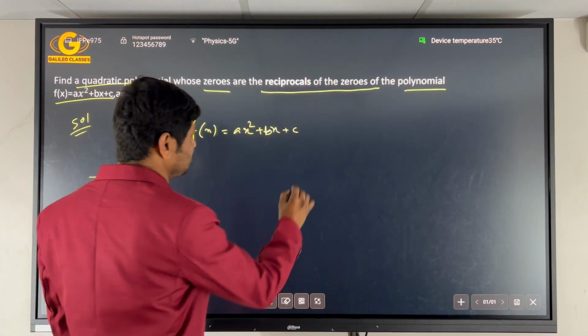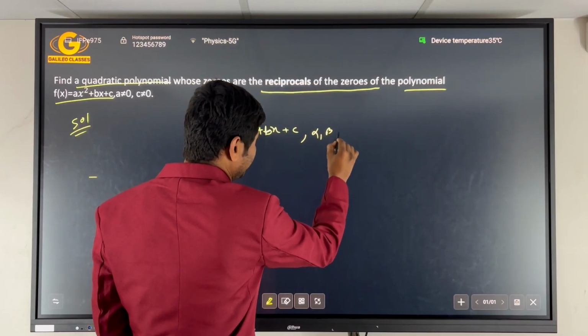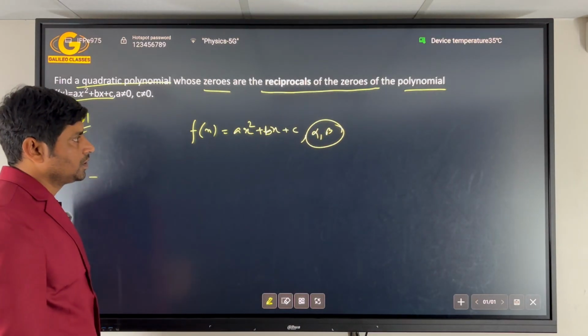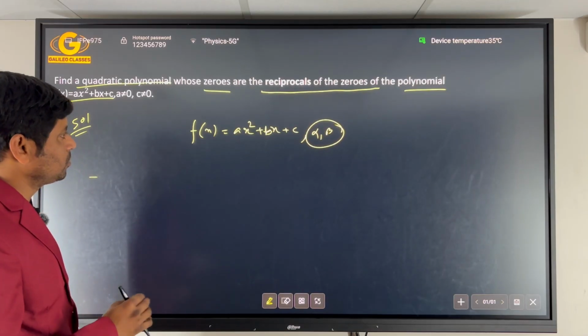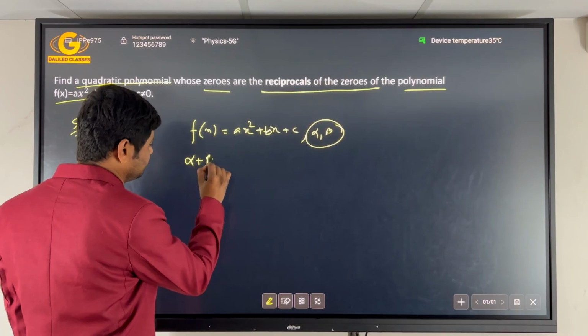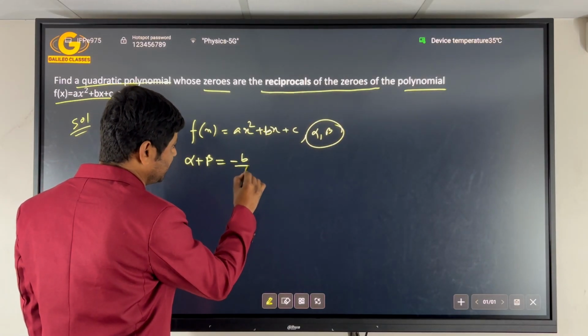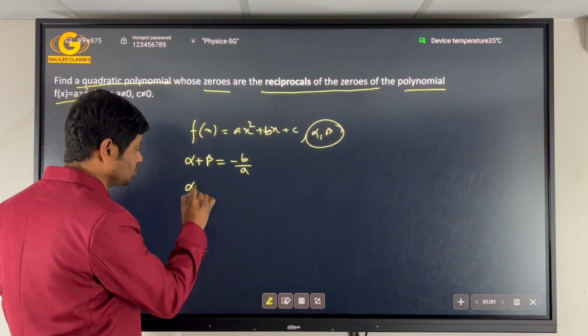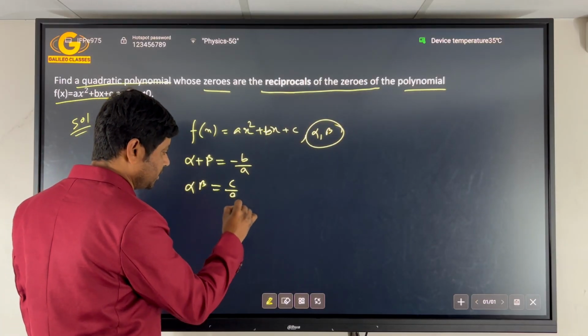Let the zeros of this polynomial be alpha and beta. Now from the relation between the coefficients and zeros, sum of the roots is equal to minus b by a, and product of the roots is equal to c by a.